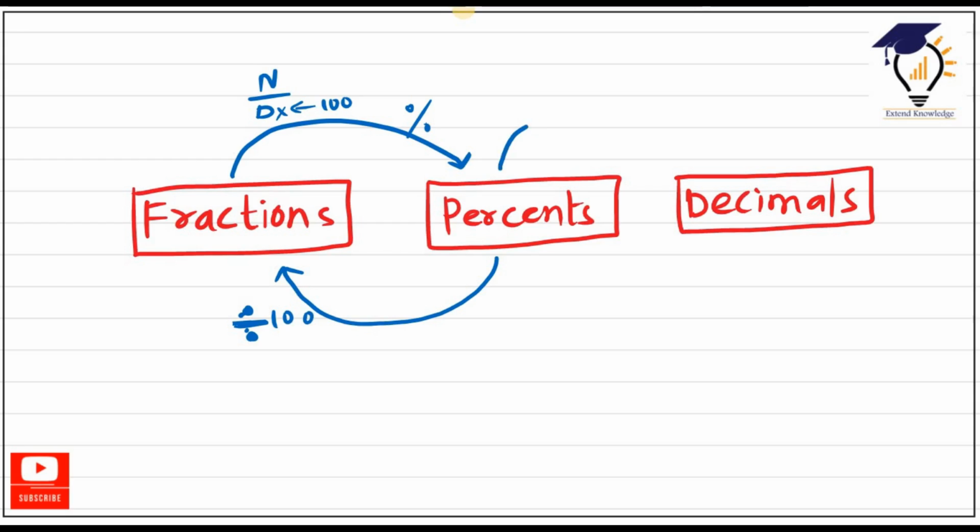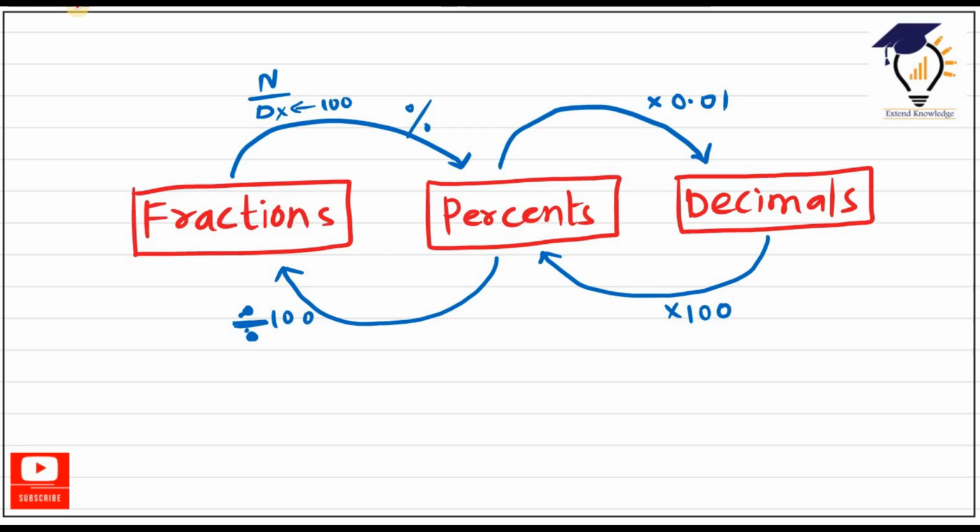Now to convert percentages to decimals, simply multiply by 0.01 without the percentage sign, which gives the decimal. To convert a decimal to a percentage, we have to multiply by 100 without the percentage sign.